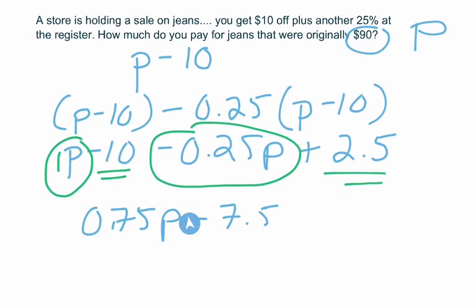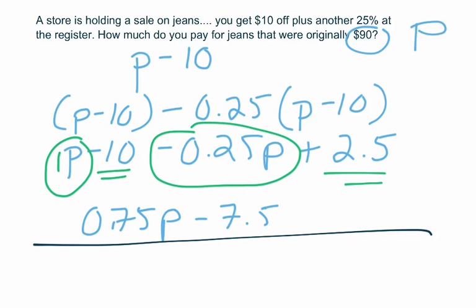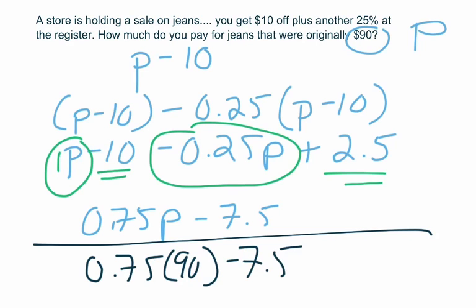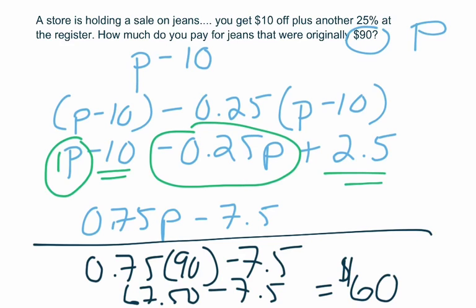Now, take your price of $60 or $90. So we do 0.75 times 90 minus 7.5, and this ends up being, I did this out, it's like 67.50 minus the 7.5, which gives you $60.